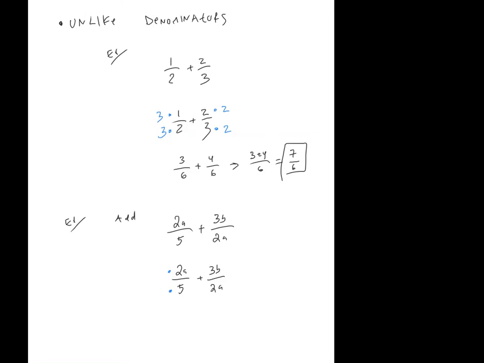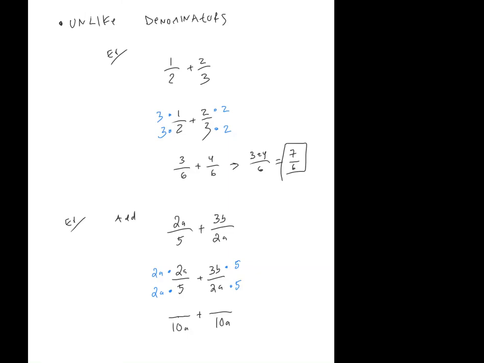What do you think? 2a. Good. And what about the second fraction? 5. Good job. All right, so doing that, we're going to get two new fractions. Both denominators should just be 10a, right, everybody?